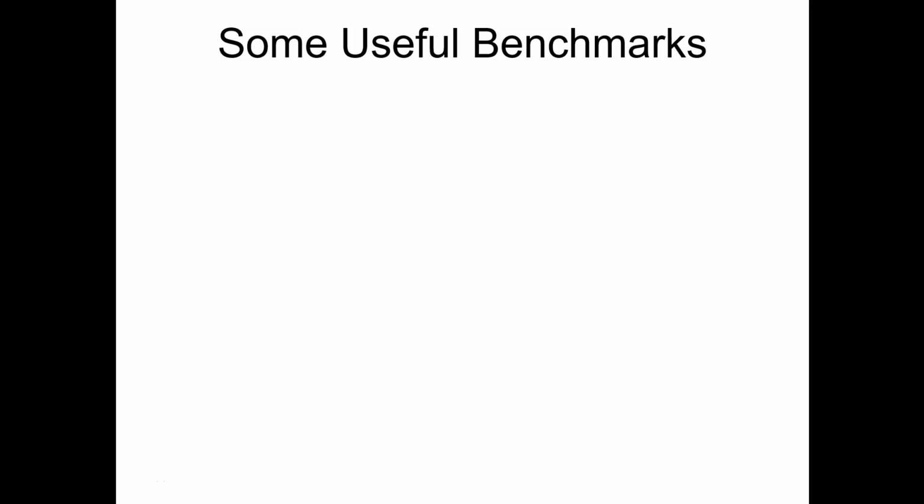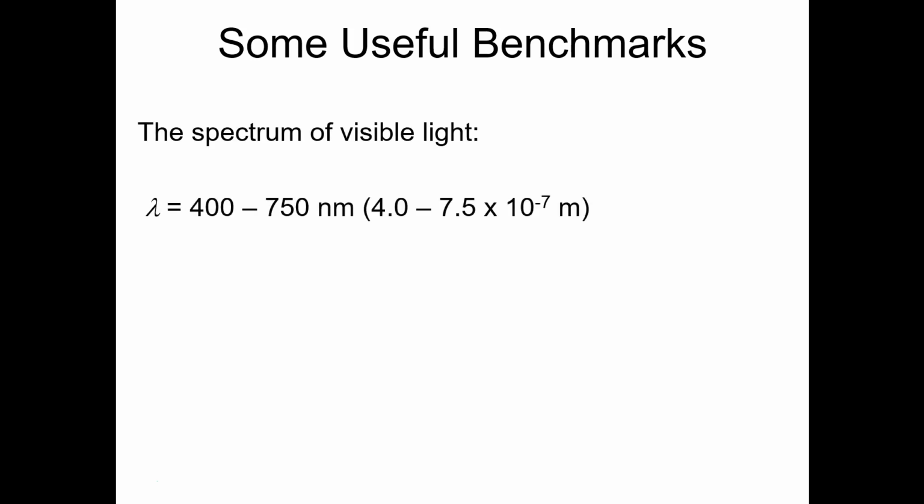So here are some actually useful benchmarks when it comes to light, particularly light in the visible spectrum. The spectrum of visible light is that light, for the typical human eye, whose wavelength is between 400 and 750 nanometers. That is between 4 and 7.5 times 10 to the minus 7th meters. As a result, the frequency of visible light is between 4 and 7.5 times 10 to the 14th hertz.